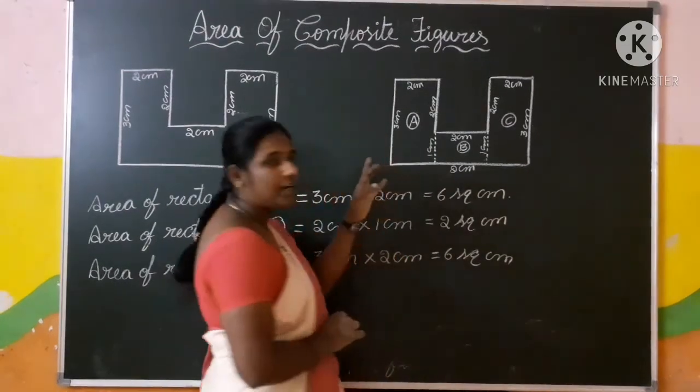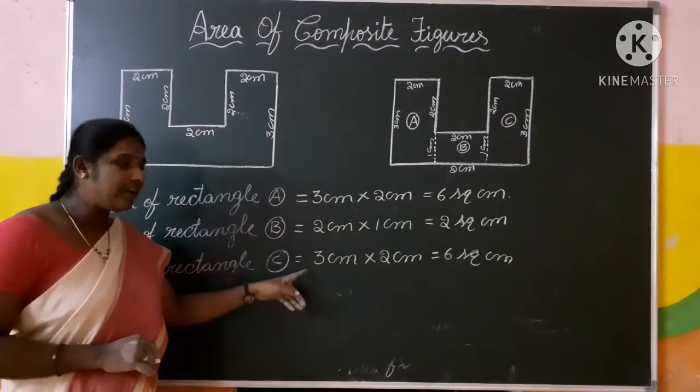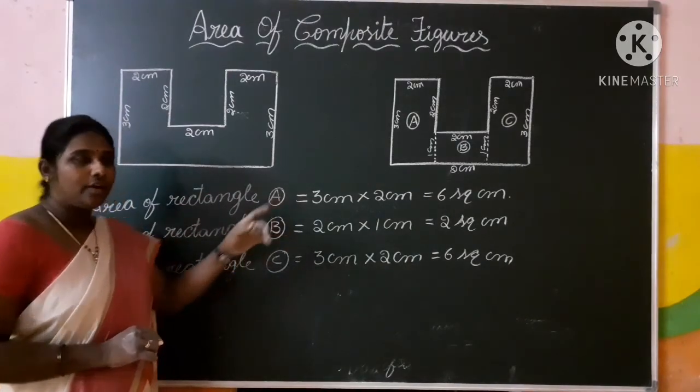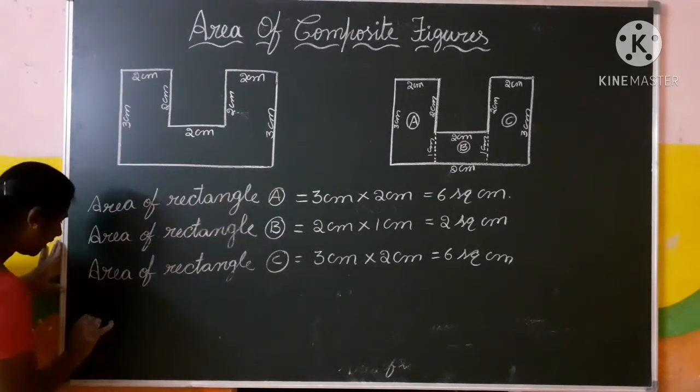So we divided the figure into 3 rectangles and found the area of the 3 rectangles. Now we have to find the area of the figure.